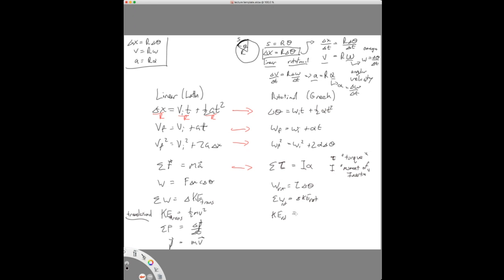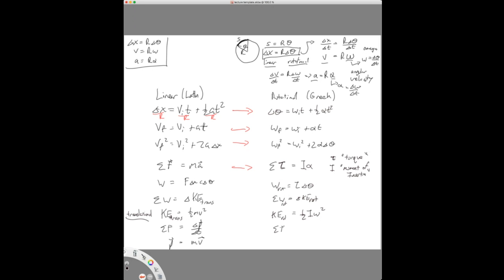And now we have rotational kinetic energy, which instead of 1/2 mv squared, it's 1/2 times the rotational version of m, which is I, and the rotational version of v, which is omega squared. So we're just taking the Latin version and translating it into Greek and getting brand new physics.